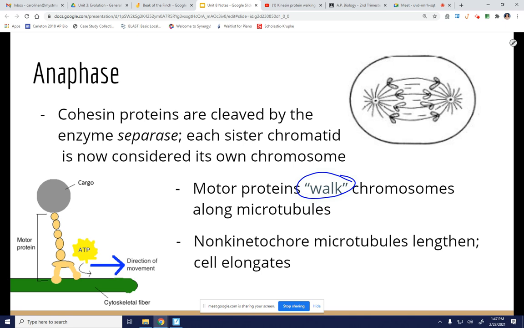During this phase, they get longer. They actually get built longer and more proteins are added to them. So that would be like this one right in here, and this one through here, and this one that don't have chromosomes attached to them. They start to lengthen because that elongates the shape of the cell and makes enough room so that as we get to the next stage, we can start dividing the cytoplasm and the cell membrane and all the rest of that.